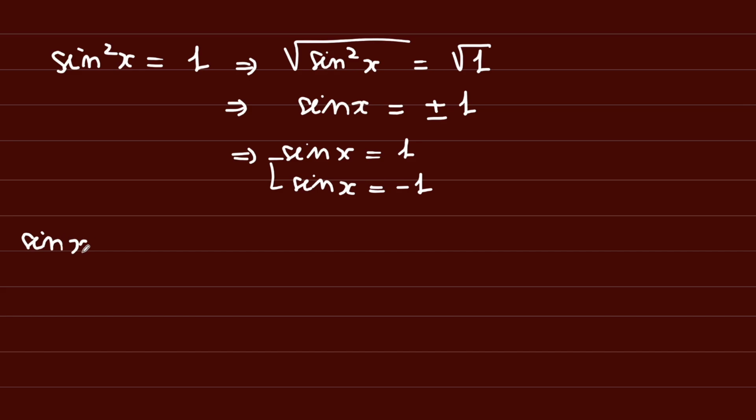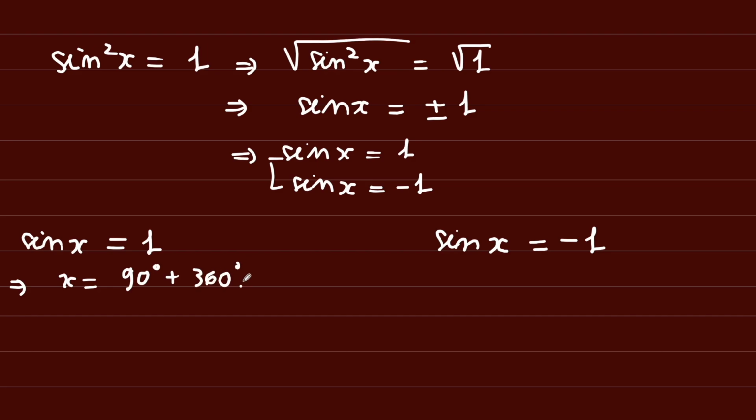Sine h equal to 1 is a special case for sine, and of course sine h equal to -1 is also a special value for sine. So h equals 90 degrees plus 360 degrees multiplied by n, and h equals minus 90 degrees plus 360 degrees multiplied by n.